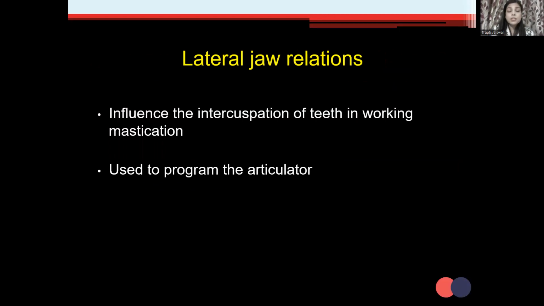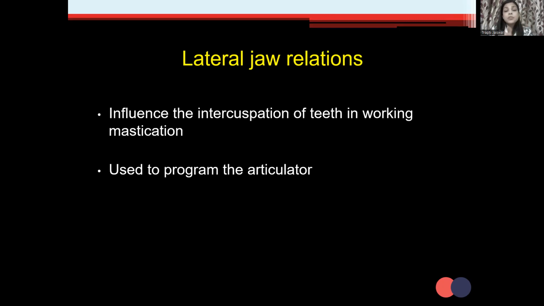The lateral jaw relations influence the intercuspation of the teeth in the working, mastication movements. What are the lateral movements? When I am moving the mandible to the right side, this is the working side condyle, and this is the balancing side.